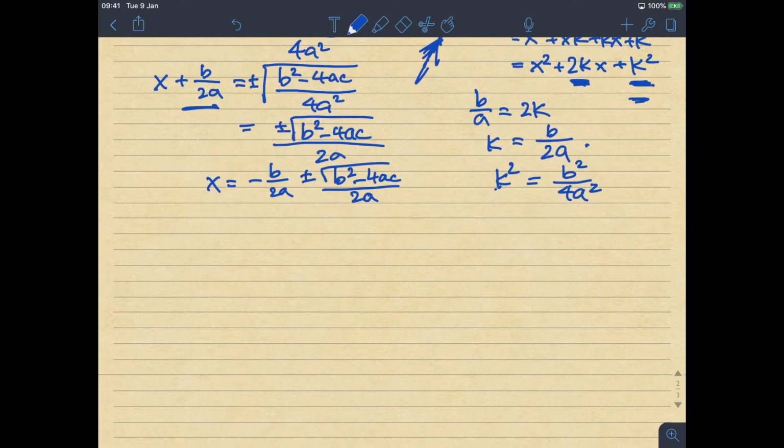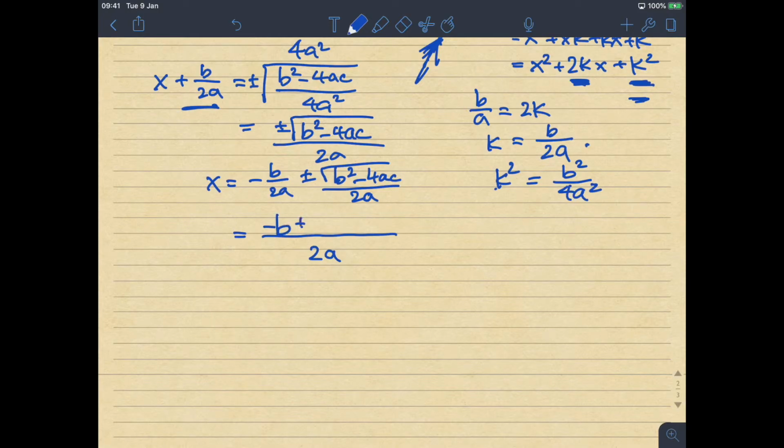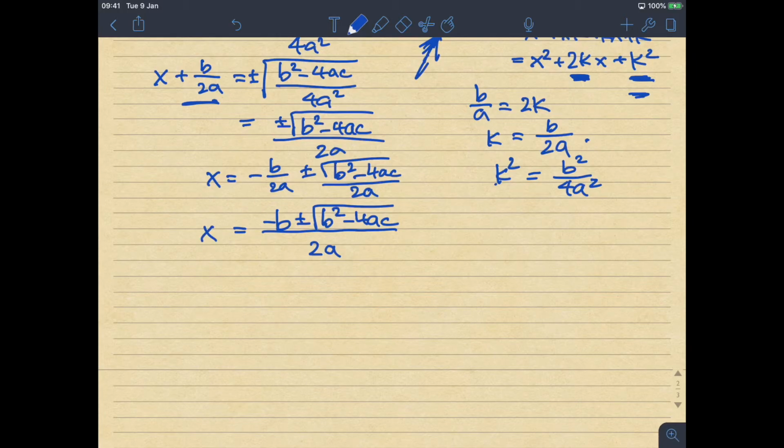This is looking more and more like the quadratic formula now, isn't it? So the denominator is already the same, so all over 2a. At the top we have minus b plus or minus the square root of b squared minus 4ac. This is your quadratic formula.